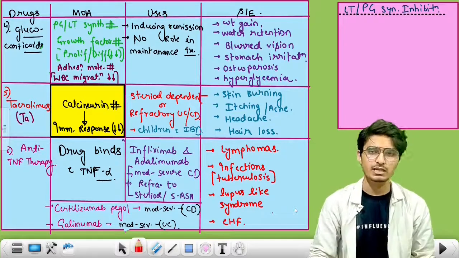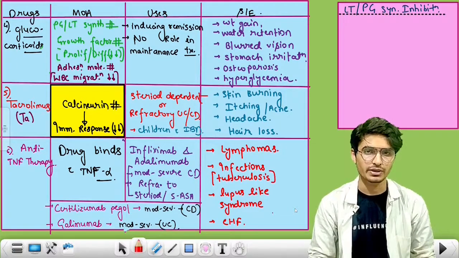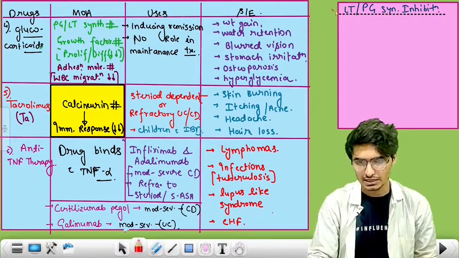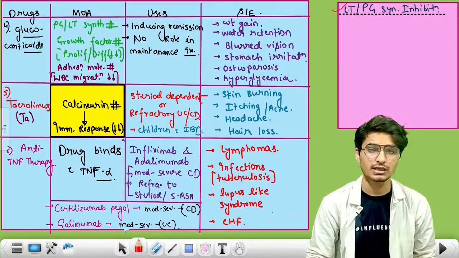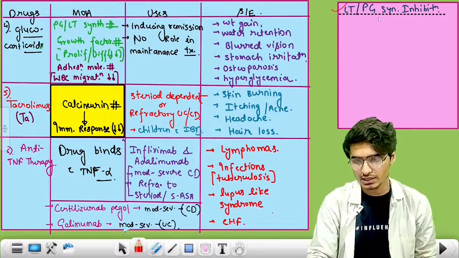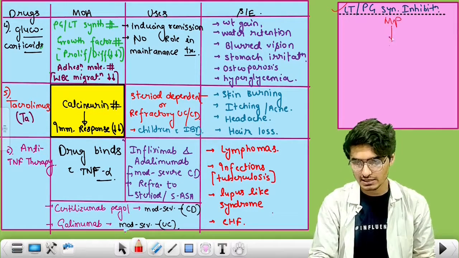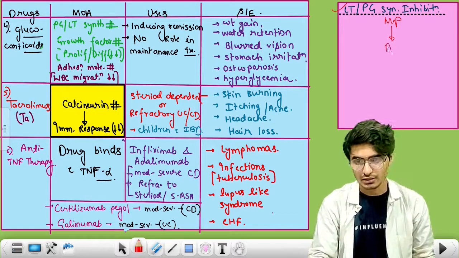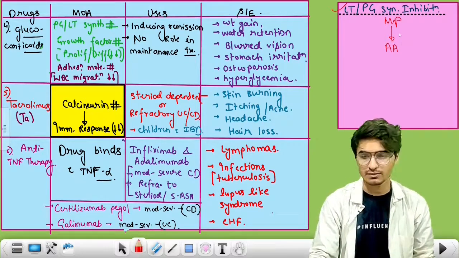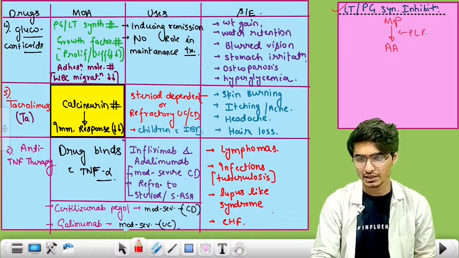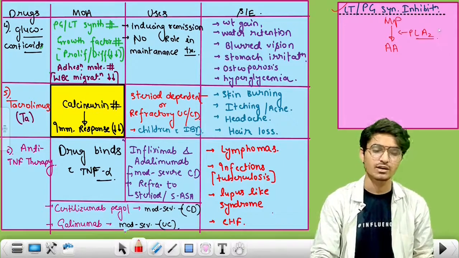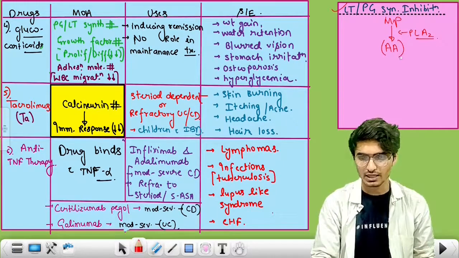And before we discuss the mechanism of glucocorticoids, we will go for the synthesis of the PGs and leukotrienes, right? So first thing is the membrane phospholipids, right? And this is converted into arachidonic acid with the help of an enzyme, phospholipase A2, resulting in the formation of arachidonic acid, right?